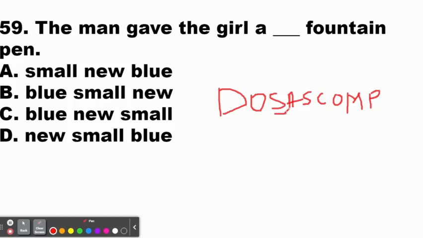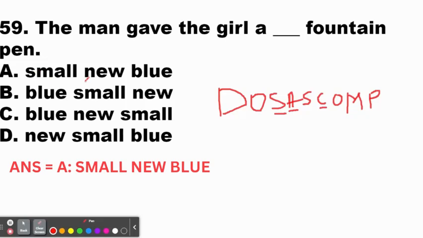When you talk of little, big, small, you are talking of size. New is age, okay? And blue is color. So you can see that color comes last here. So blue should come last. What comes first here is size, and small is a size, followed by new, age. So option A is correct. The man gave the girl a small new blue fountain pen. Beautiful. So you need to understand how these things work, okay?